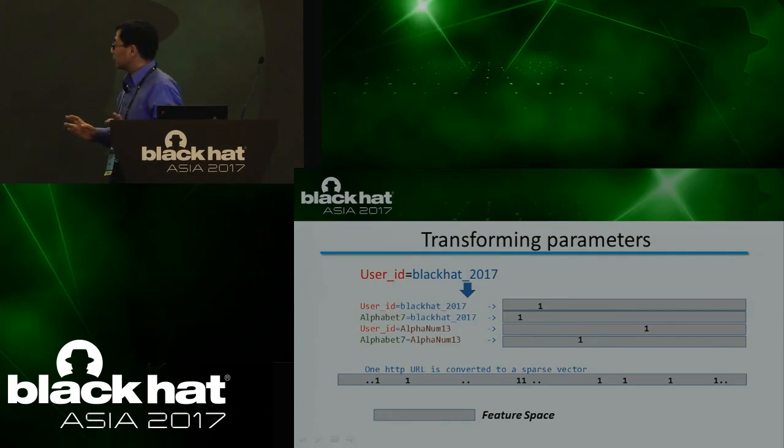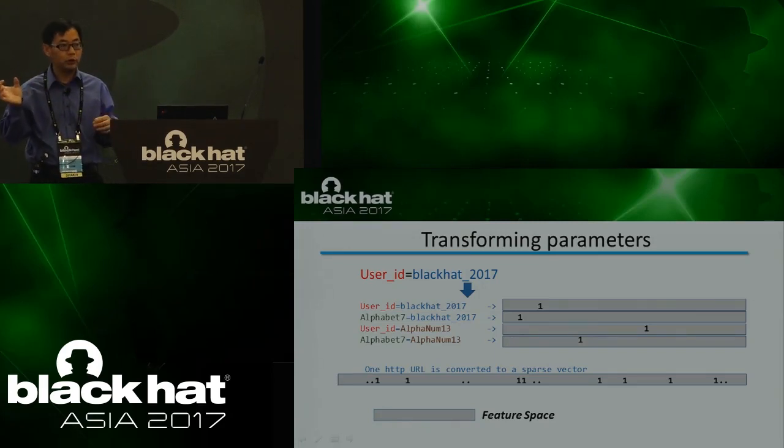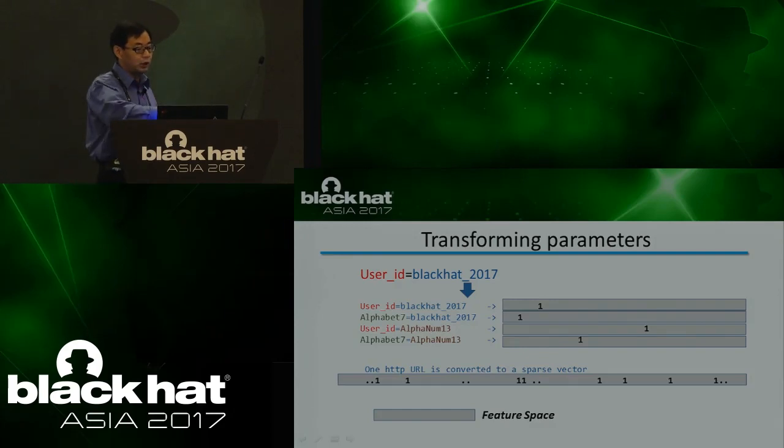Okay, now we are going to show you how we do this. We call it mapping of a parameter to a feature set. Here we show one parameter being mapped to 4 features. Say a user ID. If you send a request to your C&C server, saying you are from Black Hat 2017, the user ID equals Black Hat 2017.